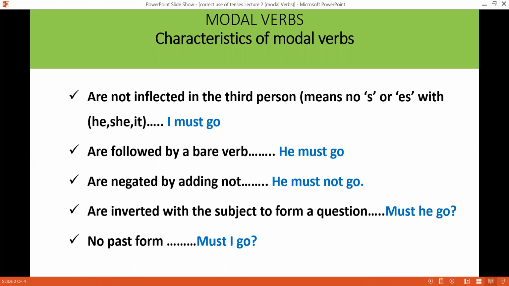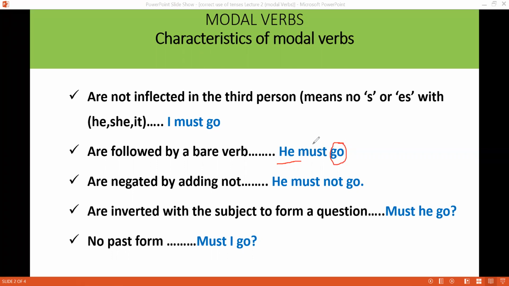But where we use modal verbs, we do not use s or es with the modal verb. He must go. This go has been used without s or es.